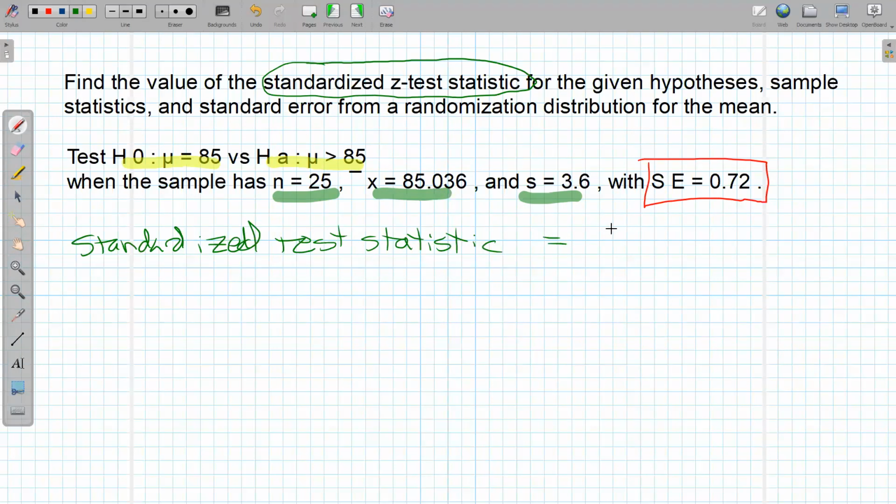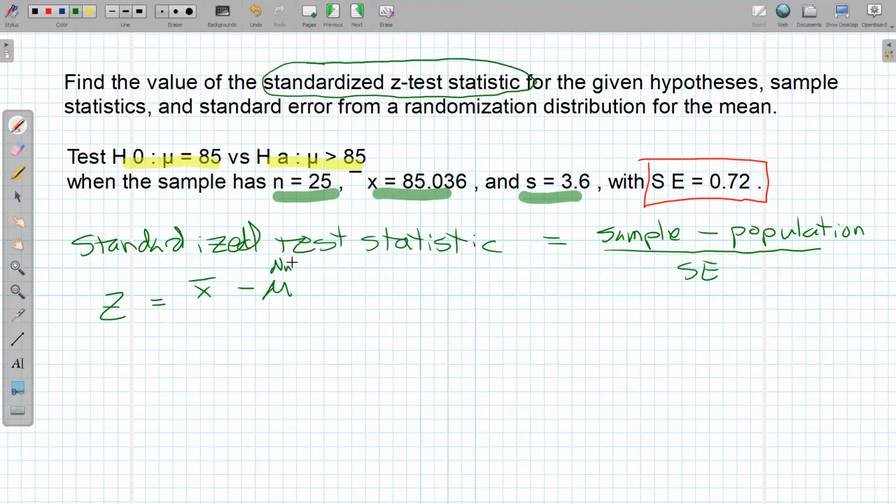It's usually a sample statistic, maybe the sample mean or the sample proportion, minus the population information, which is generally from the null hypothesis, divided by the standard error. So in this situation right here, for my Z, I would take my X bar, subtract the mu from the null hypothesis, and divide by the standard error.